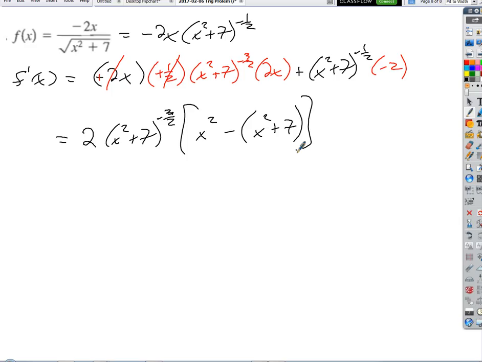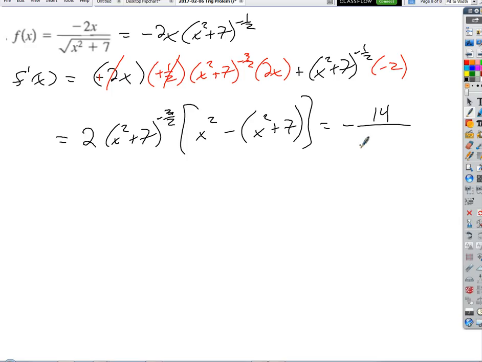They have to be different signs, the two have to be different signs. They are. Okay, that's fine. So then if we simplify this, the x squareds are going to cancel, and I'm going to get a negative 7 on top, times 2 is 14 on top, agreed?